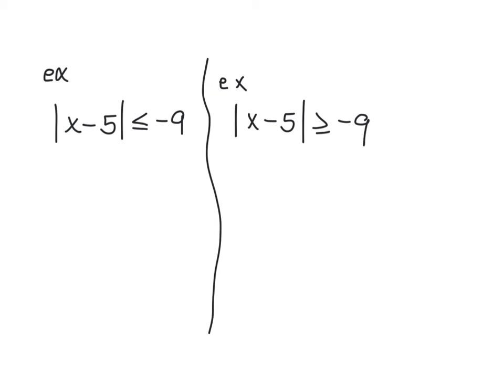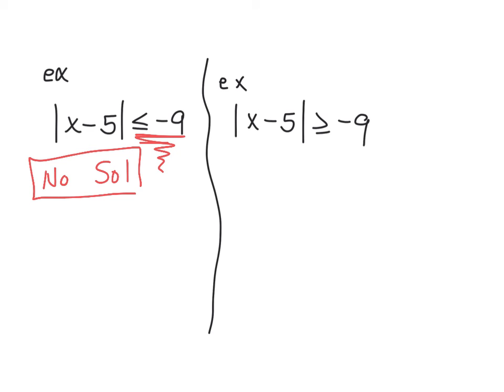If I asked you to find all of the numbers whose absolute values are less than or equal to negative 9, well, that's never going to happen, right? There is no solution if that isolated absolute value is less than a negative. That can't happen. Less than negative 9 would be any other number that's even more negative than negative 9. I can't take an absolute value and get a number less than negative 9.